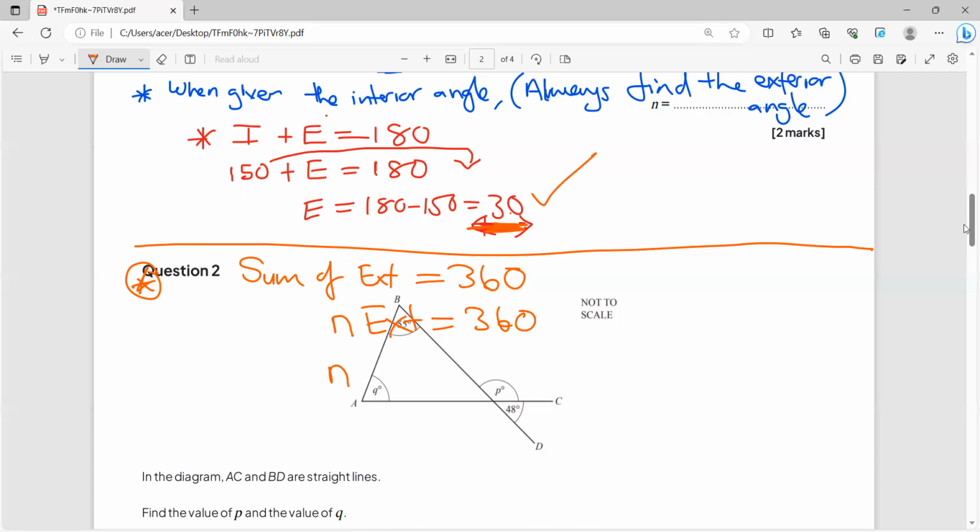We're not on question 2. All right. Now we do this. We have to multiply that by 30, and we must get 360. Now, how do we get n? How do we get n?